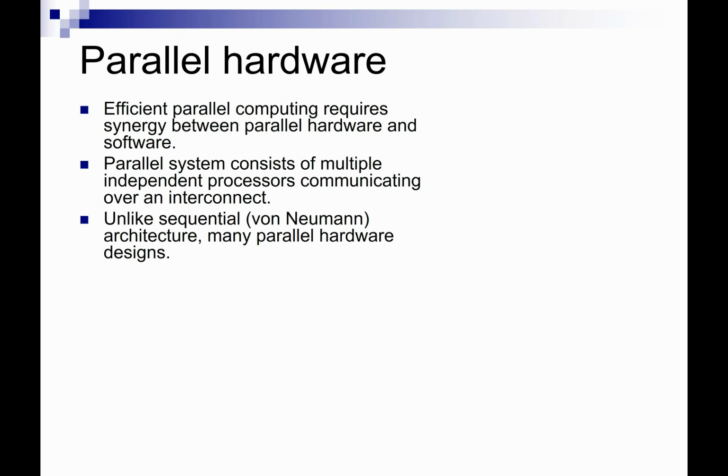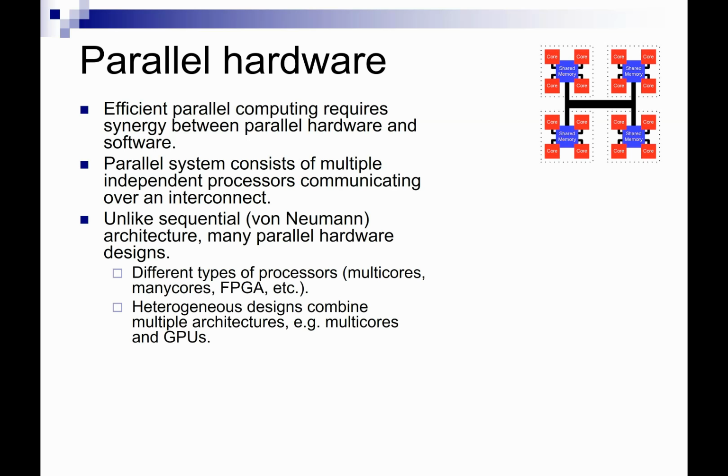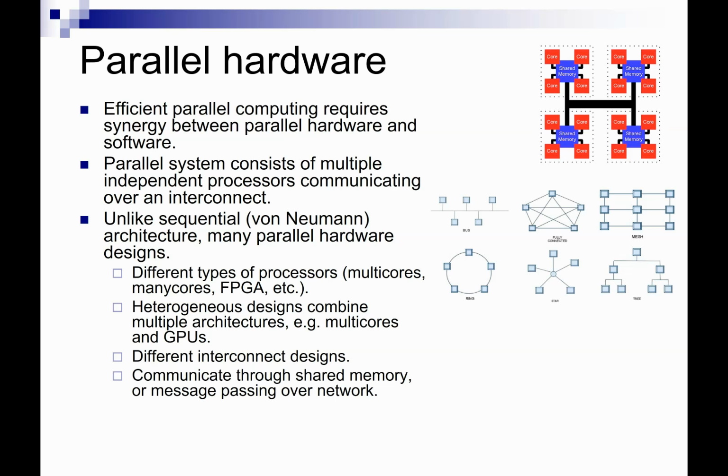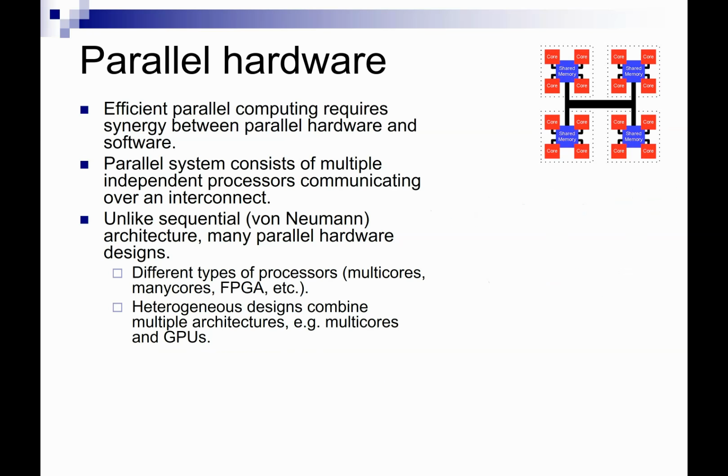When you move to parallel computing, however, you have many different parallel architectures. For example, in this figure over here, I'm showing one particular architecture. It's a combination of a distributed and shared memory architecture, and in later lectures, I'll talk more about what those terms mean.